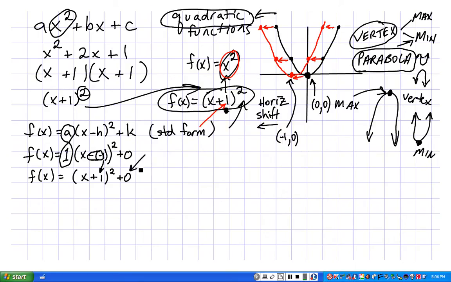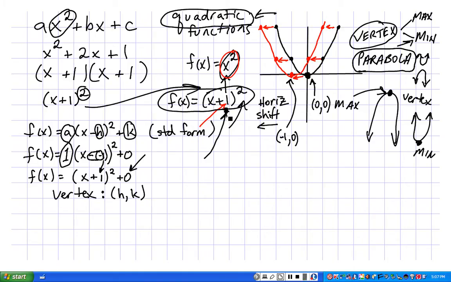Okay, now once you have the quadratic in standard form, the takeaway is that the vertex for your parabola is represented by (h, k). Alright, that gives us our vertex. So now you notice when we did the problem here, we said that plus 1 caused us to shift to the left 1.